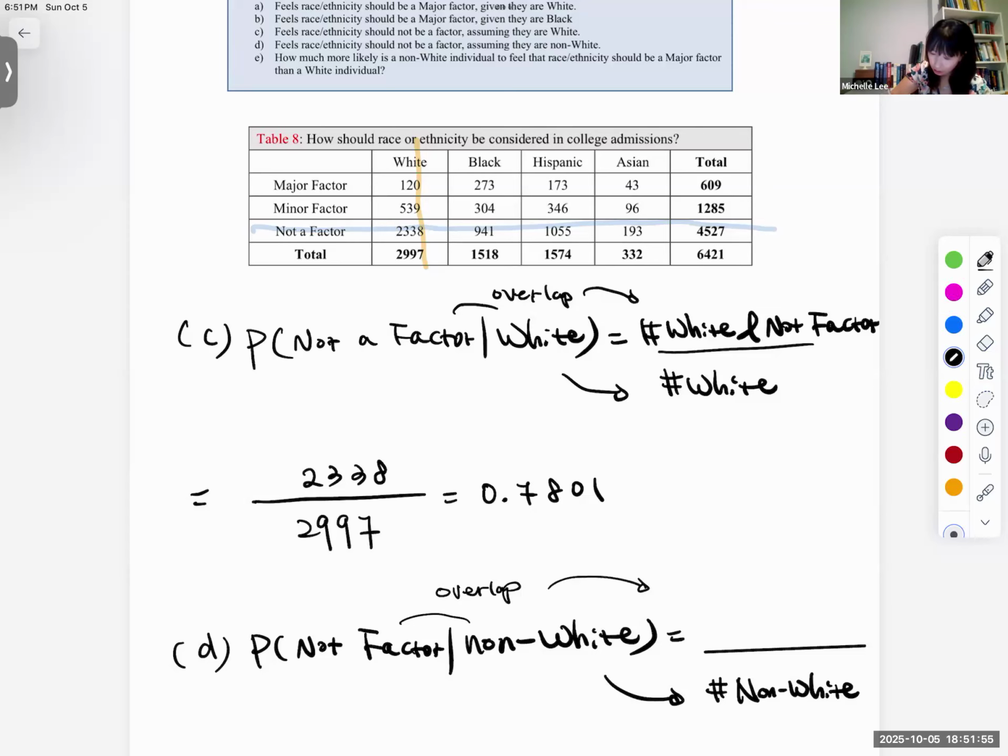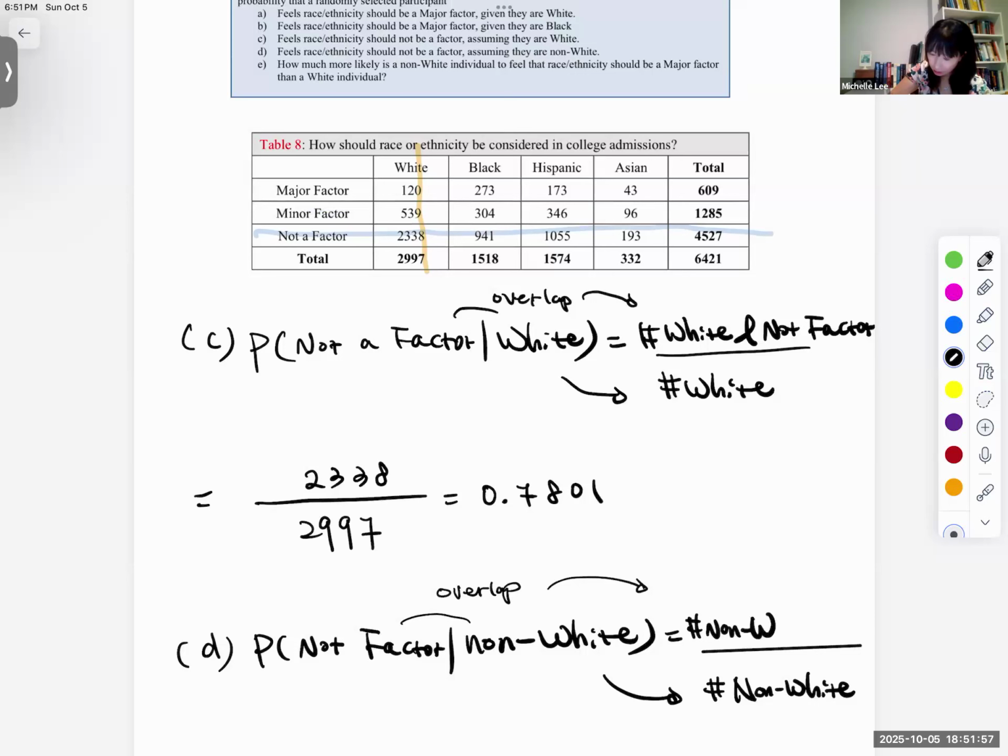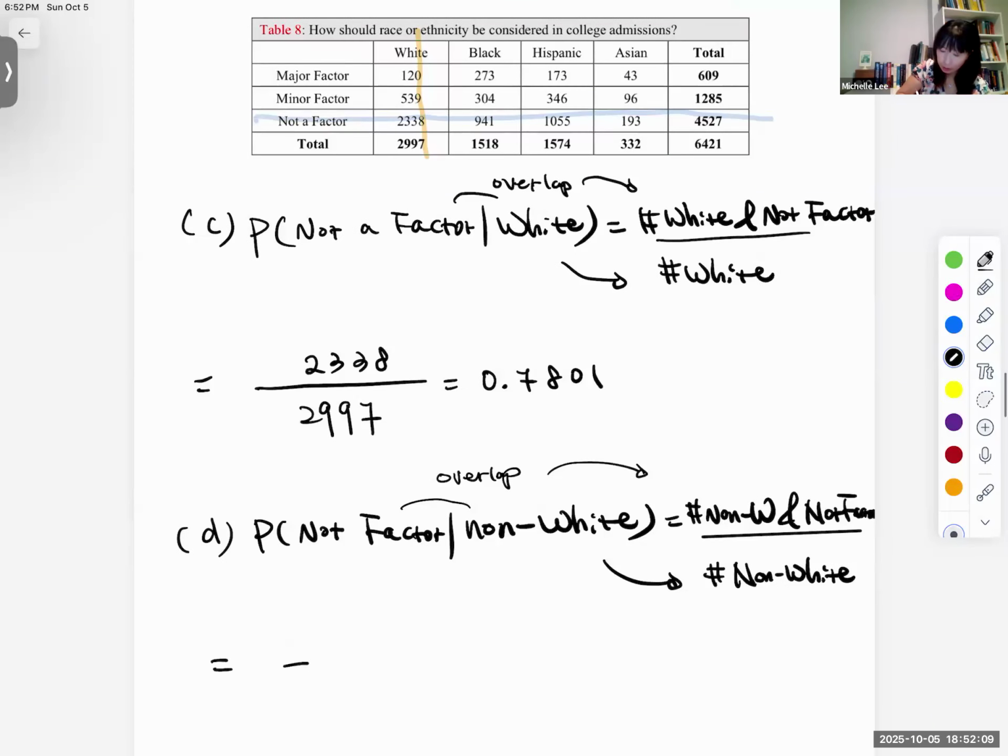So non-white, number of non-white and not a factor. Okay. There will be non-white. Let me write first. What did I say? Non-white, right? Okay, non-white.